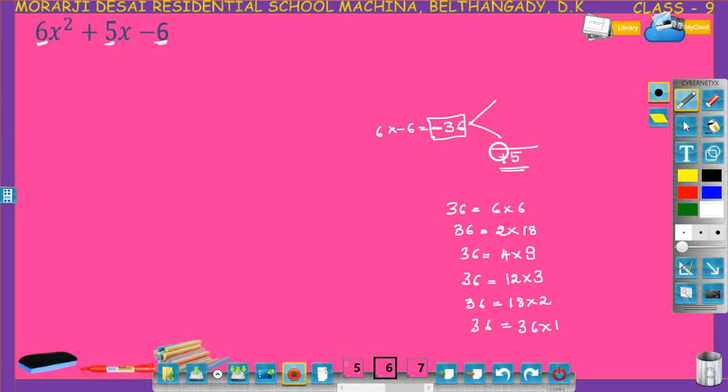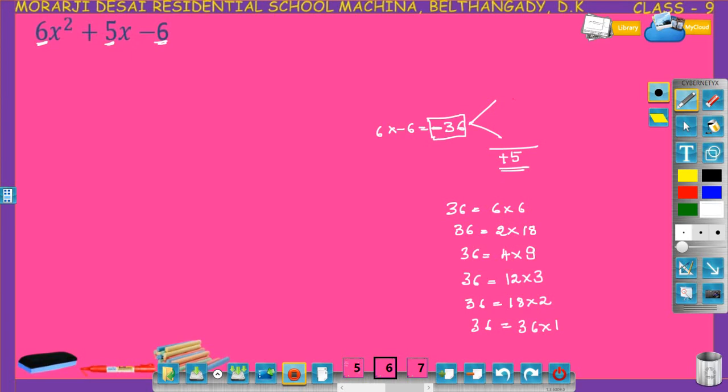Now 6 6s are 36, but 6 minus 6 is 0. 2 18s are 36, but 18 minus 2 is 16, not 5. 4 9s are 36 and 9 minus 4 is 5.